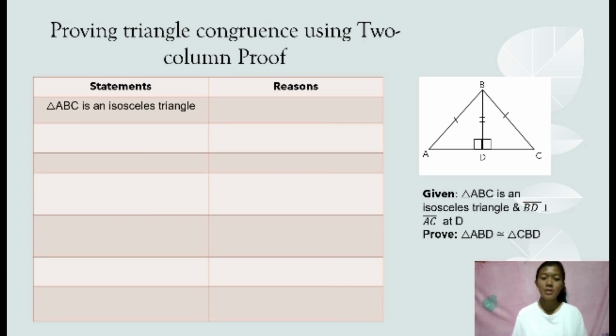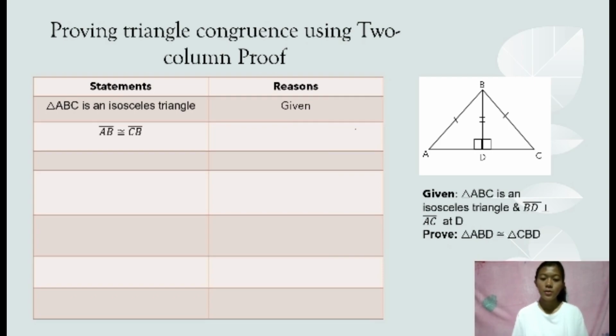So the first statement is triangle ABC is an isosceles triangle. That is our given. The second statement is segment AB is congruent to segment CB.